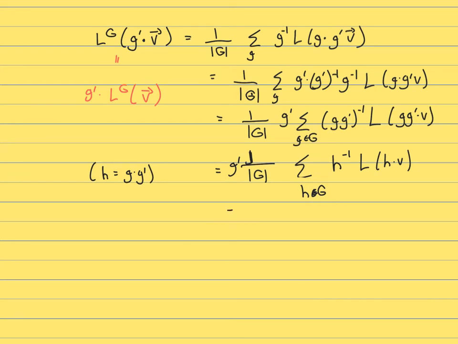And so in the end, you are actually looking at G prime times LG of V. The only thing that's different is that you've changed the order of terms in the summation. But changing the order of terms in a summation doesn't change the value of a sum. And so this is still the same calculation.